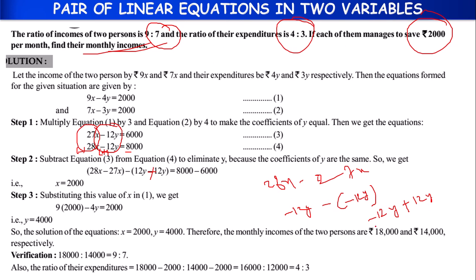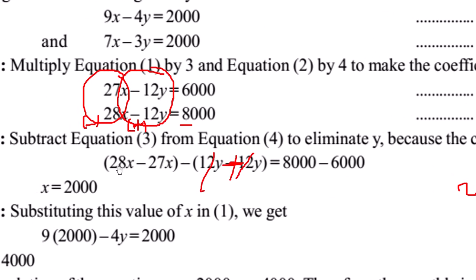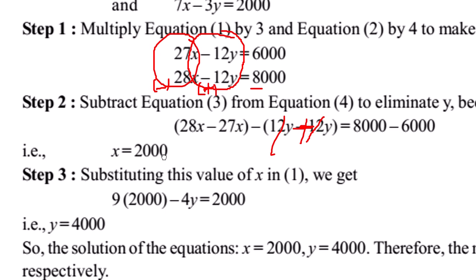Or we can write directly by taking common, minus 12y minus 12y. If we take minus common, the symbol will change. So 12y gets cancelled, it is 0. 28x minus 27x equals x. 8,000 minus 6,000 equals 2,000. So the x value is 2,000.